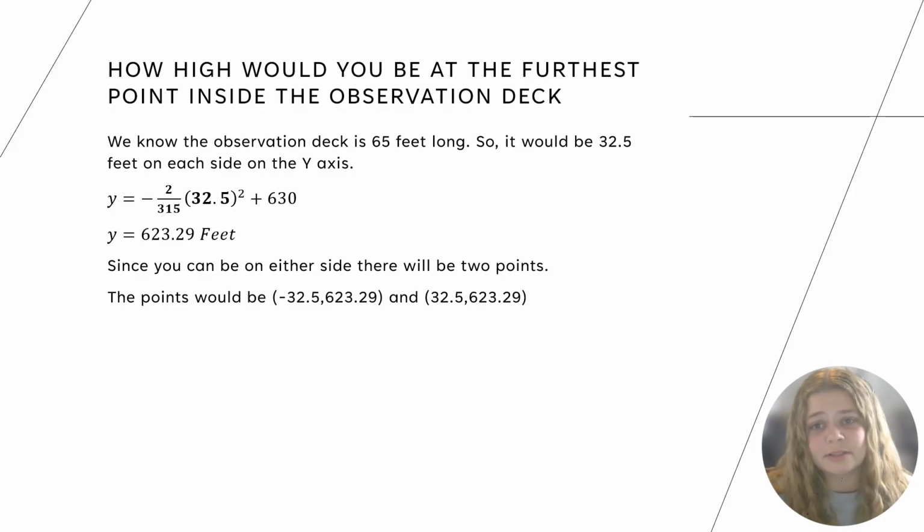So if you are on either side of the furthest wall inside the observation deck, you will be 623.29 feet above the ground. So we will get 2 points to add to our graph to see where the observation deck sits on our parabola. We can check this by plugging our y value back in and making sure it equals the 623.29. And when you plug in either negative or positive 32.5, we do get that same answer.